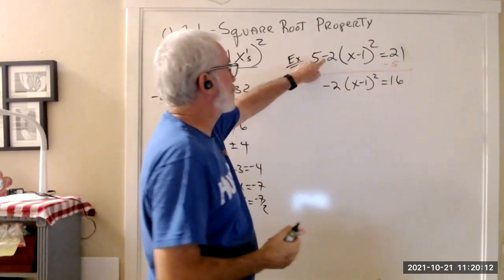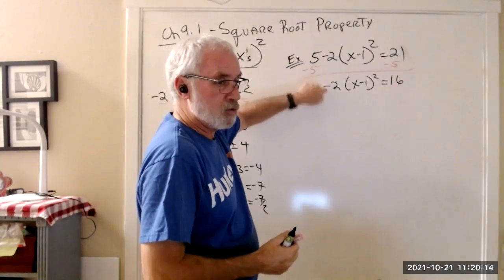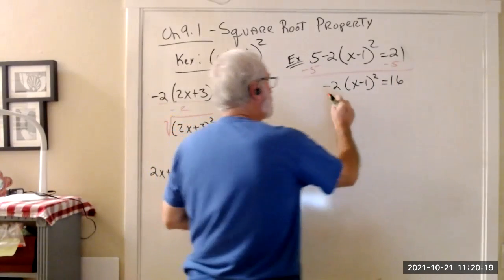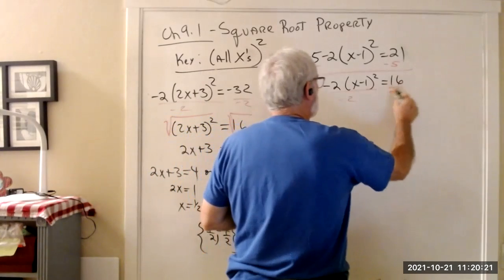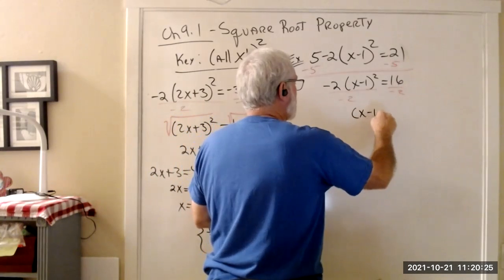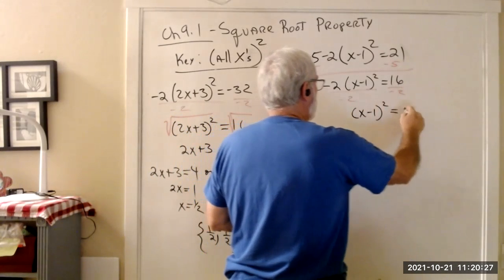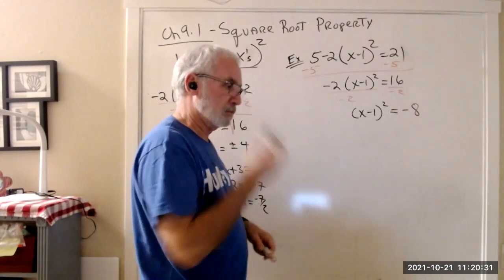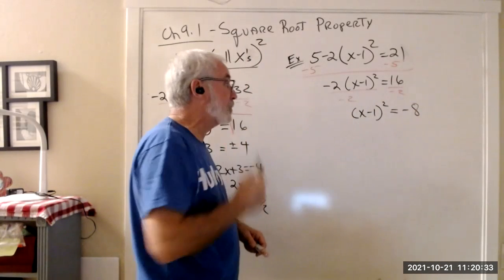A lot of students lose the negative in front of the 2 right there. Be careful. Divide both sides by -2. We get (x minus 1) quantity squared equals -8. Okay.